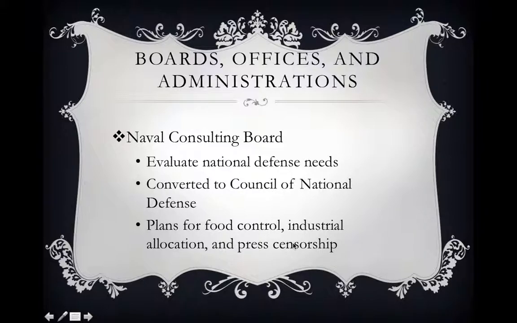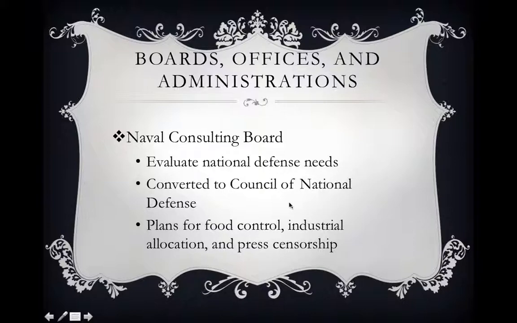Also, I want to give you a notion of a couple of boards and administrations that came into existence. The Naval Consulting Board, all right, make sure you realize what the Naval Consulting Board was. It was set up to evaluate national defense needs, and it was eventually converted to the Council on National Defense.